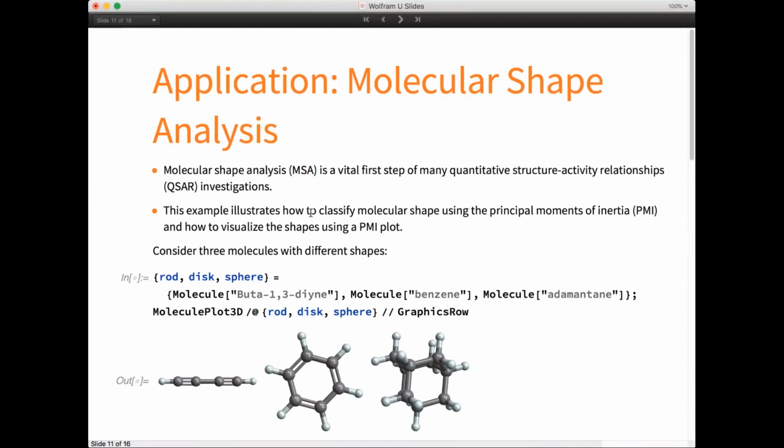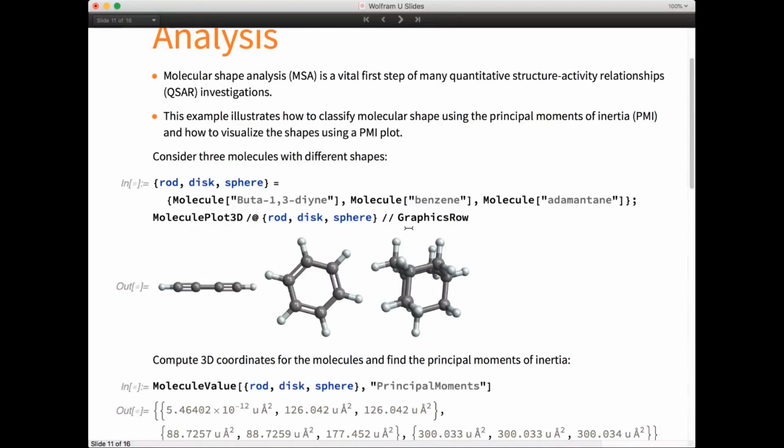And so what we do here is we're going to create a principal moment of inertia plot. First off, we'll pick 3 kind of extreme examples for shape: the linear rod, the disk, and the sphere. And we'll evaluate that.